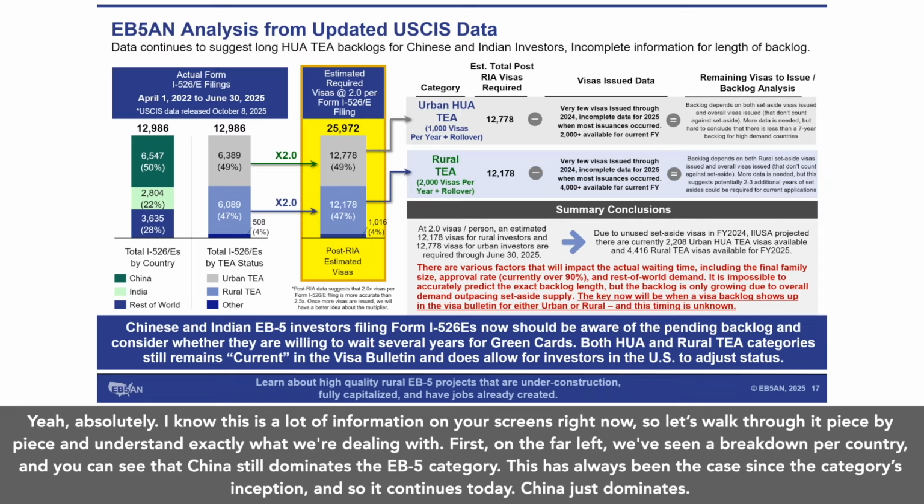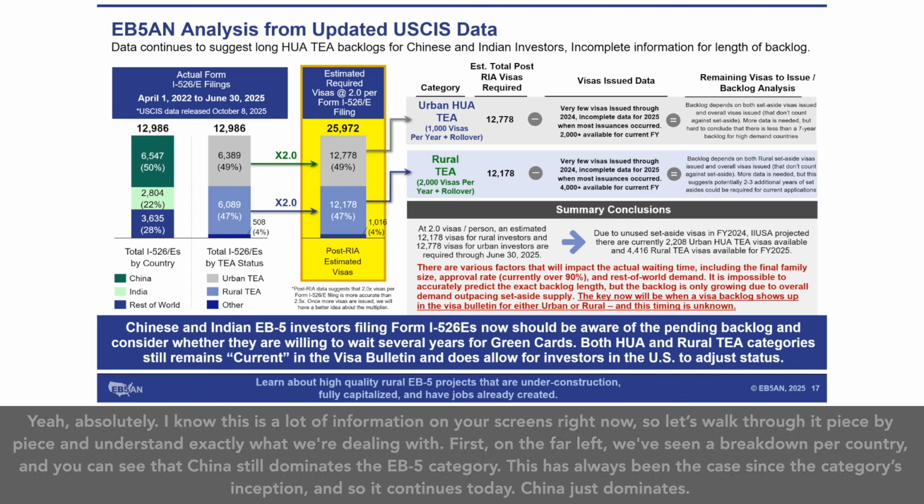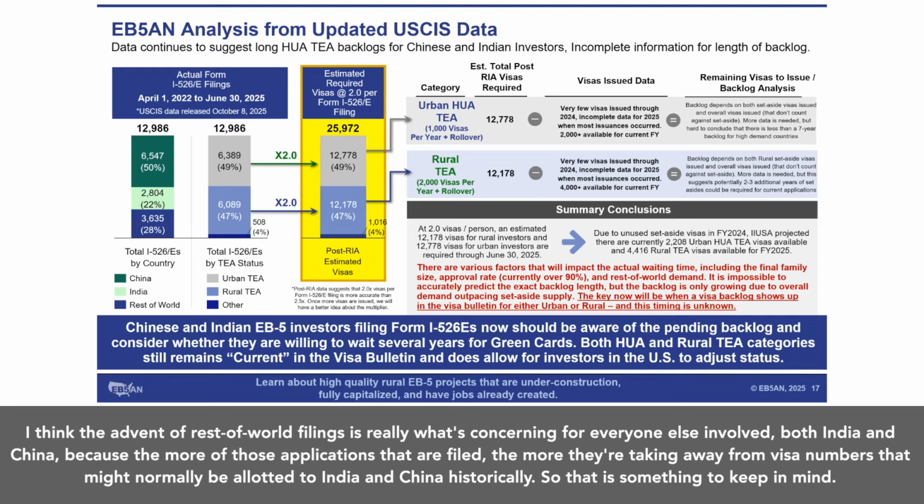First, on the far left, we've seen a breakdown per country, and you can see that China still dominates the EB-5 category. This has always been the case since the category's inception, and so it continues today. China just dominates. I think the advent of rest of world filings is really what's concerning for everyone else involved, both India and China, because the more of those applications that are filed, the more they're taking away from visa numbers that might normally be allotted to India and China historically, right?